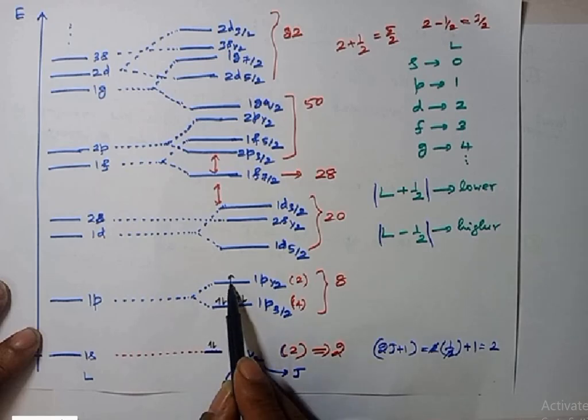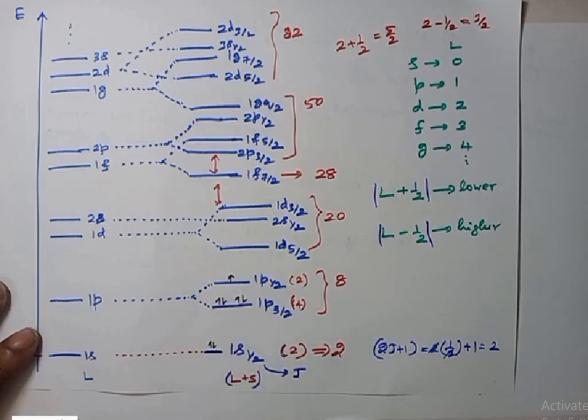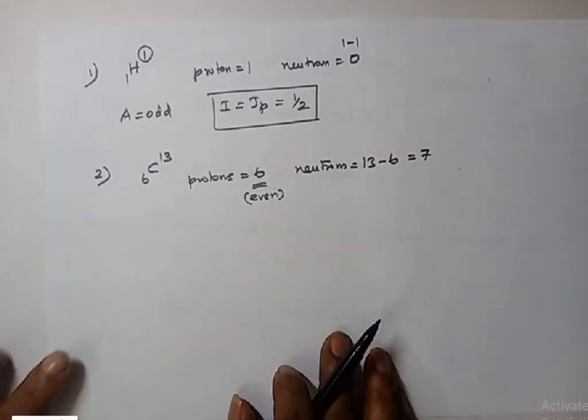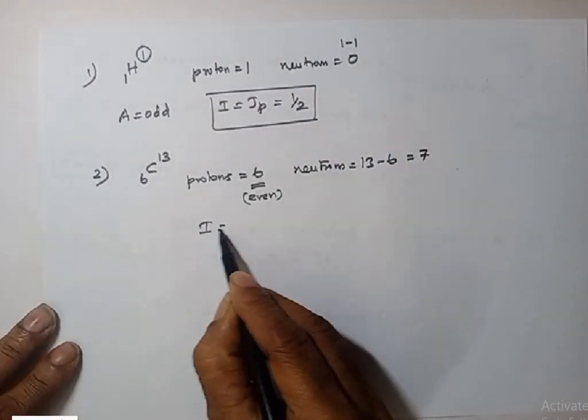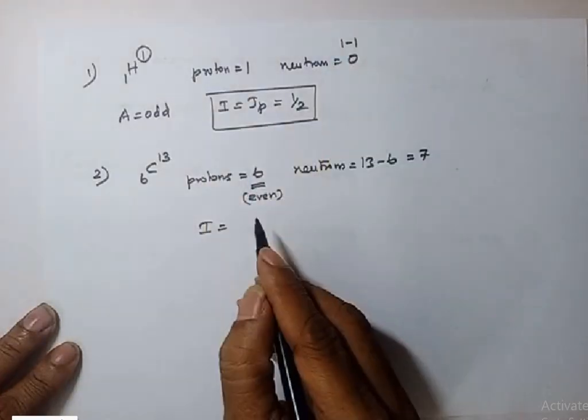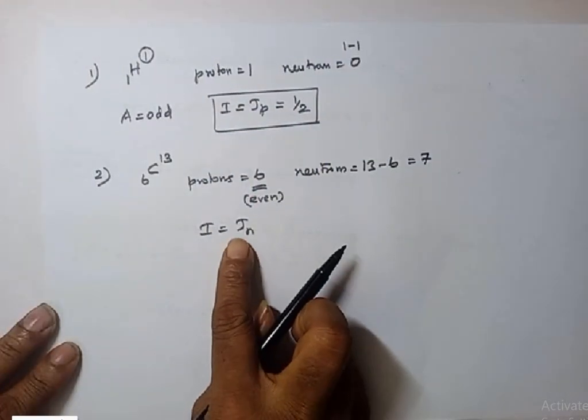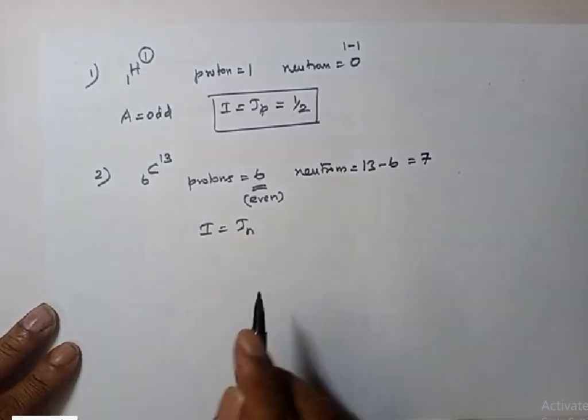For this one, what is the value of J? 3/2, observe carefully here. I'll go 1/2. Therefore, I value: the proton number is even, so you should not consider it. Only the neutron is odd, so I equals the total angular momentum of the neutron.